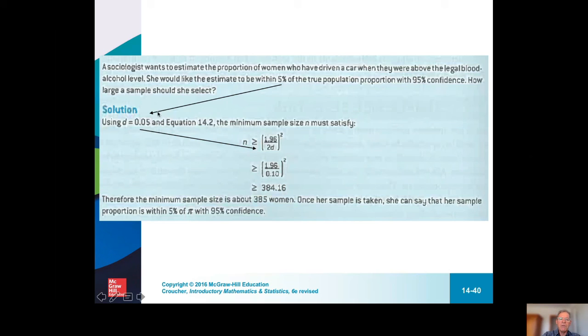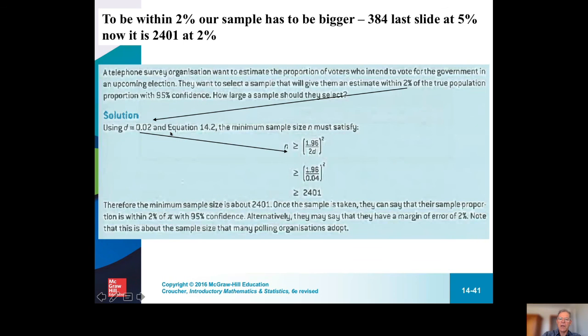Watch what happens if we don't want our error to be 5%. We'd rather have an error rate of 2% perhaps. So this time we set it at 0.02, same sort of calculation, but now it's 2 times 0.02.